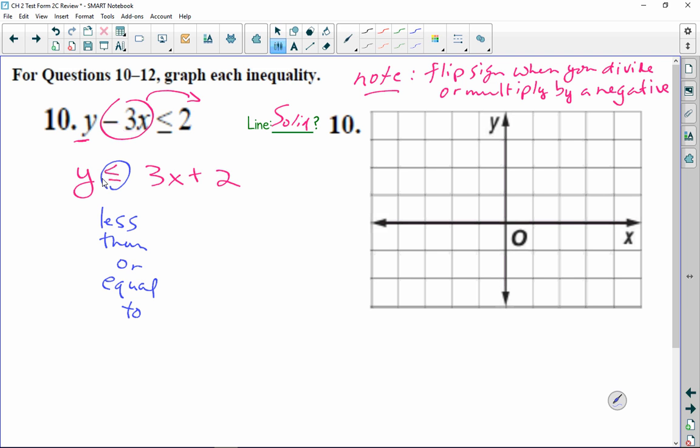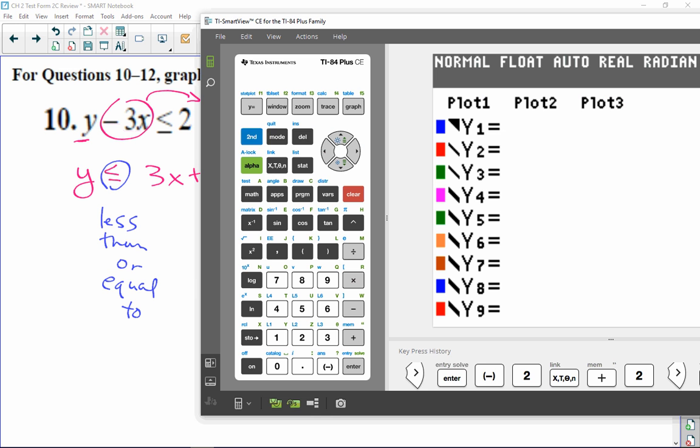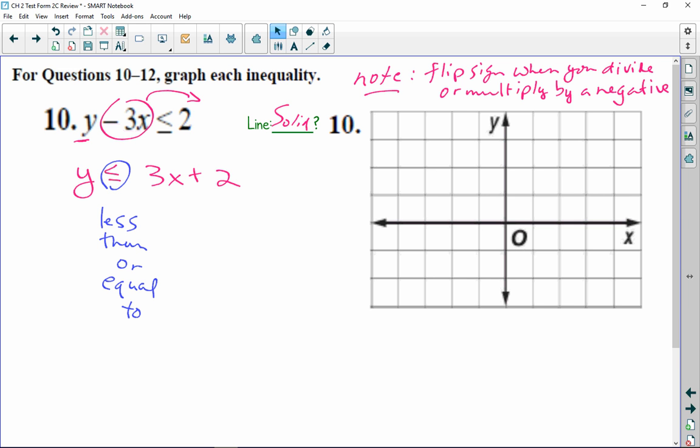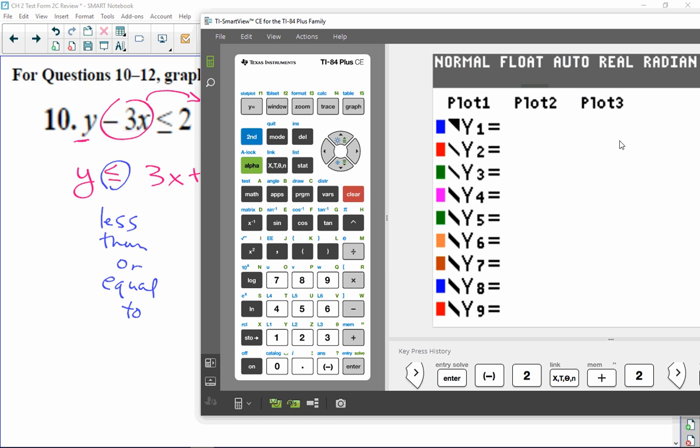So my triangle should be pointing down. Cheyenne, are you okay? Your triangle should be pointing where? Down or up? It should be pointing down. So I want to come over here and change this, hit enter.